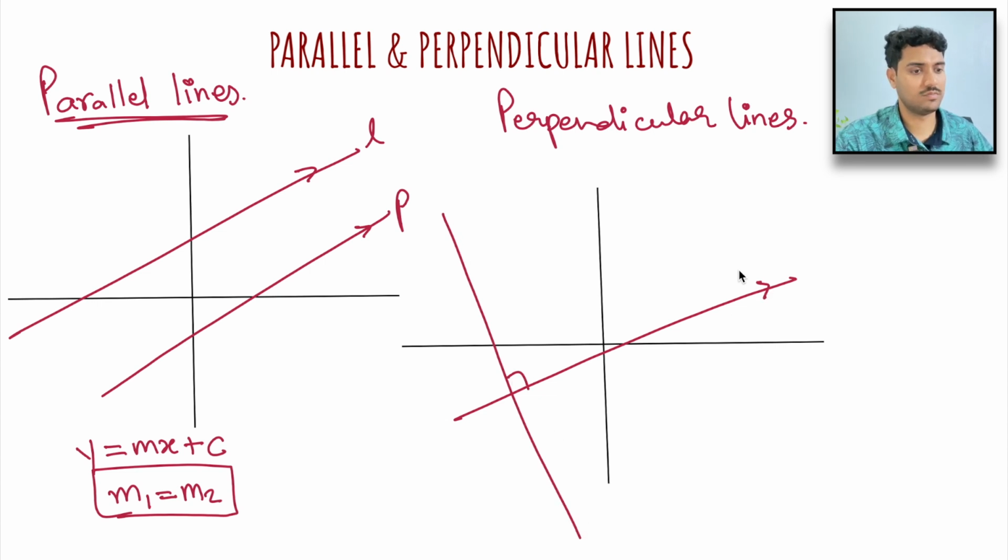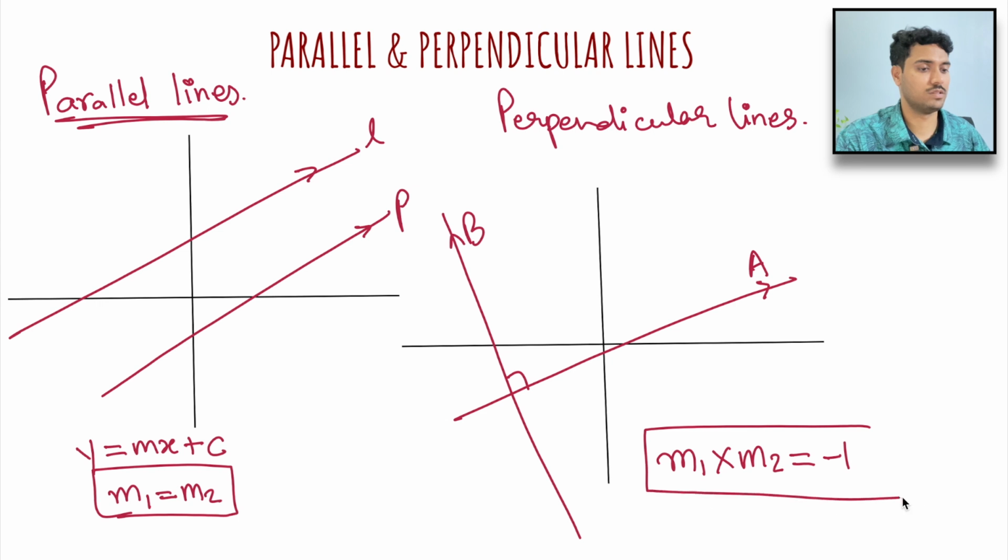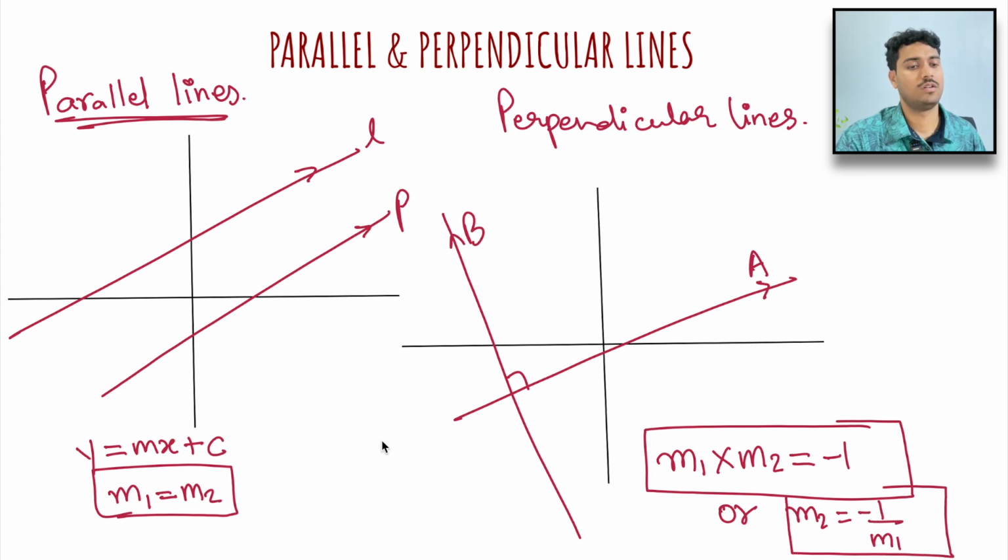Let's say this is line A and this is line B. They are perpendicular to each other. In this case, the gradient m1 multiplied by gradient m2 will give us -1 always, or this is also written as m2 equals -1 upon m1, the negative reciprocal. So this is how we can identify that two lines are either parallel or perpendicular.